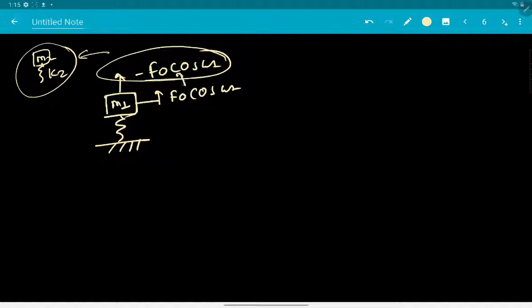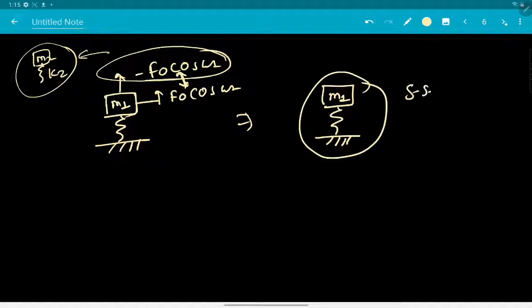Both these forces are equal in magnitude and opposite in nature, so effectively mass 1 has no force acting onto it. The steady state part will not have any amplitude, and therefore it will be 0. So mass number 1 will not move at all.